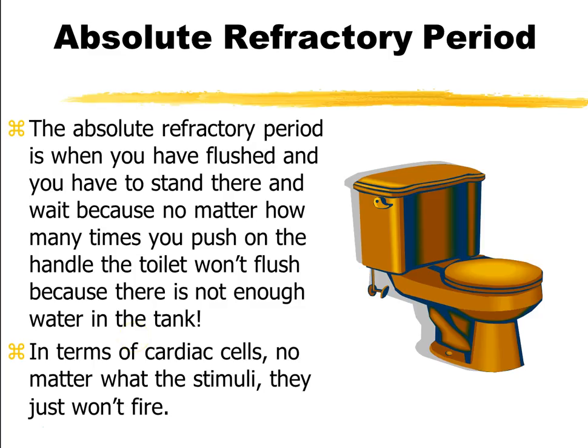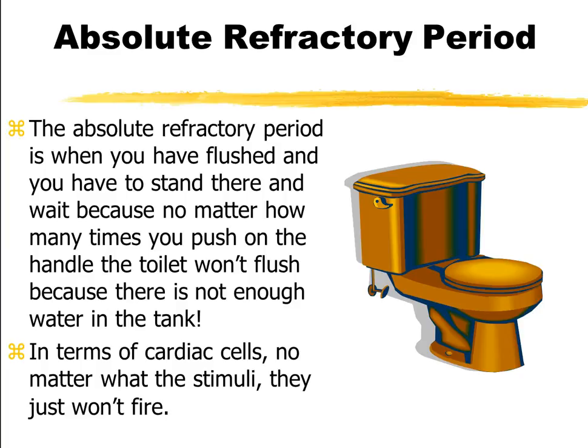In order to illustrate this a little bit better, I use this analogy of a toilet. Everyone knows about a toilet. You've used one before, so you understand this analogy because you're familiar with a toilet. The absolute refractory period is when you flush the toilet, and if you hurry and push the handle down again, nothing's going to happen because there's no water filled up in the tank yet.